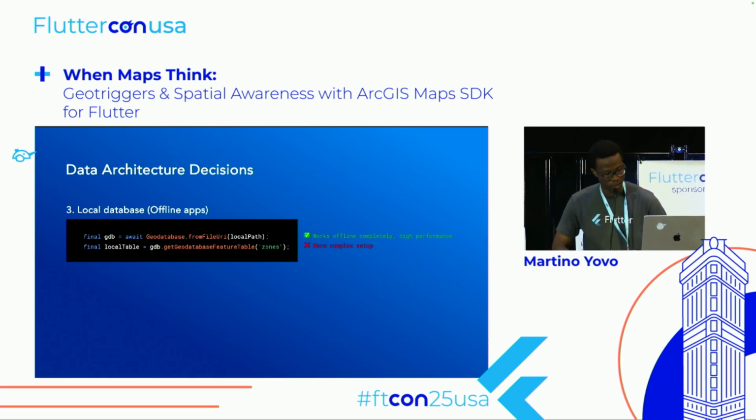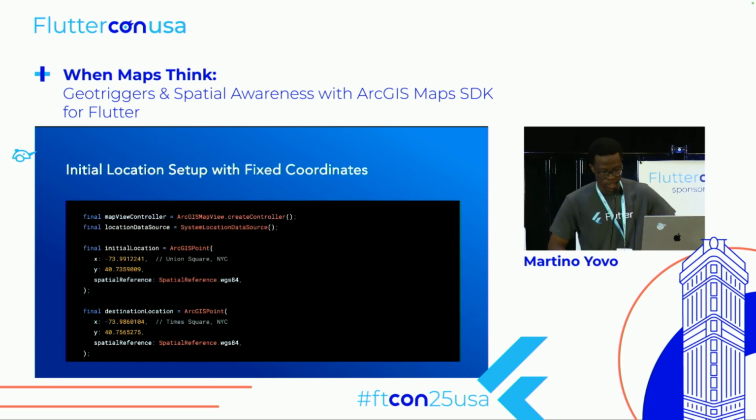Now, let's talk about how you can initialize the location with the ArcGIS Maps SDK. So first of all, you will need a controller, right? So to define it, you use the ArcGIS Maps view to create a controller. It's going to give you the controller that actually controls everything from the location, the point, and everything.